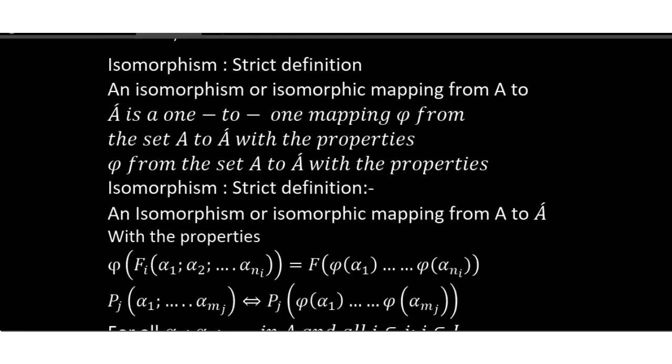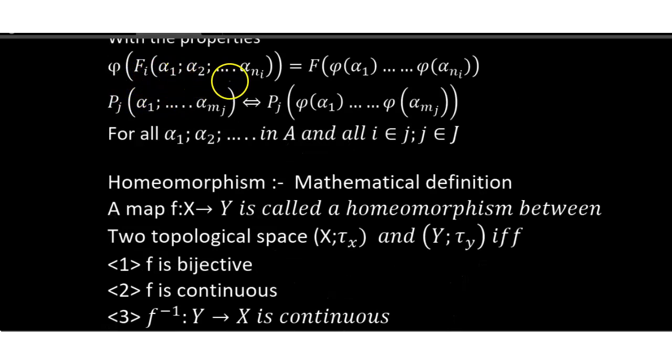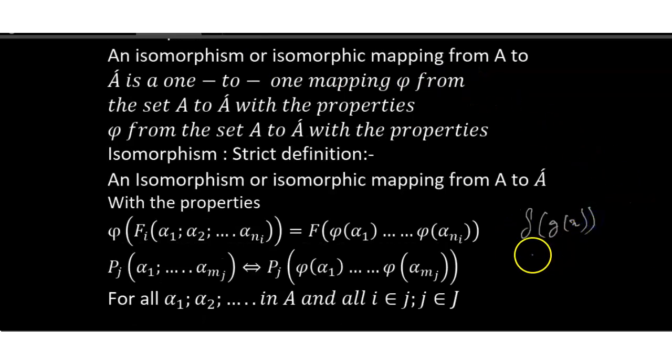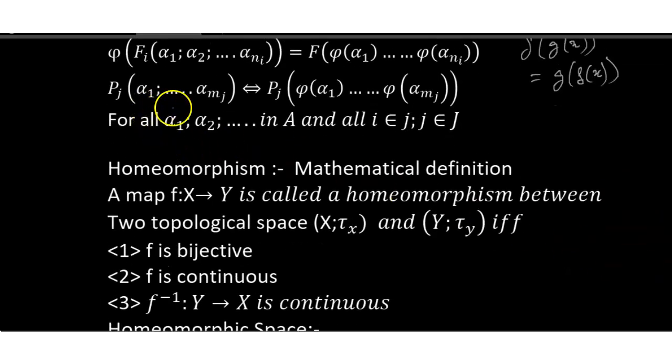An isomorphism, or isomorphic mapping from A to A prime, with the properties phi(f_i(alpha_1, alpha_2, ..., alpha_n)) equal to f_i(phi(alpha_1), ..., phi(alpha_n)), meaning if g(x) in a single variable, it will become f(g(f(x))), and p_j(alpha_1, ..., alpha_m_j) is equal to p_j(phi(alpha_1), ..., phi(alpha_m_j)) for all alpha_1, alpha_2 in A and all i, j belonging to J.